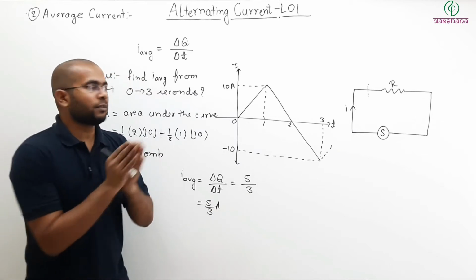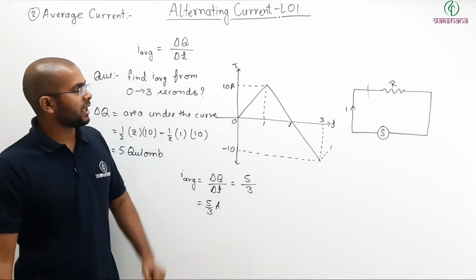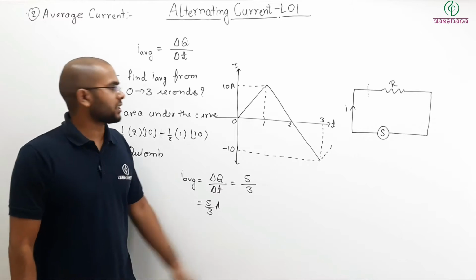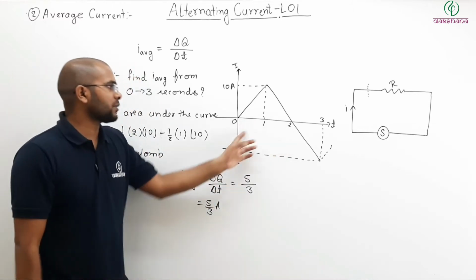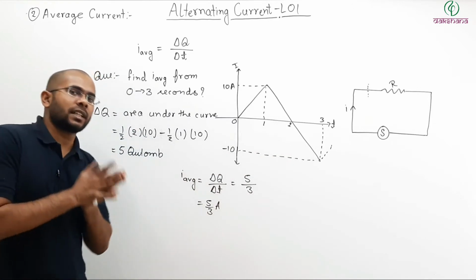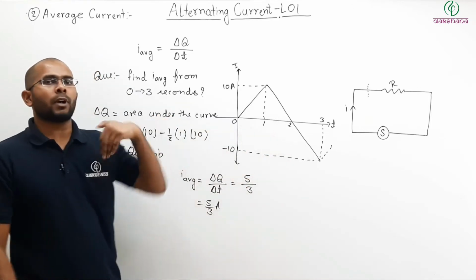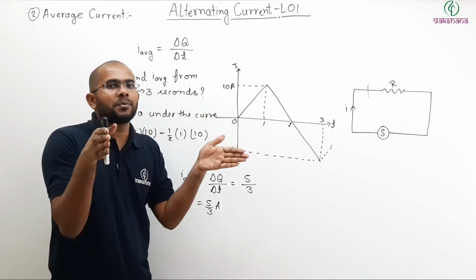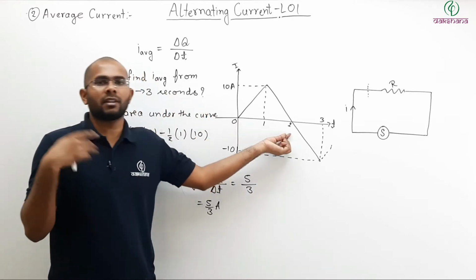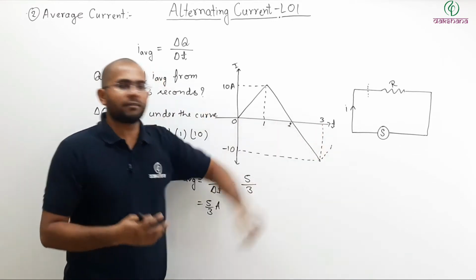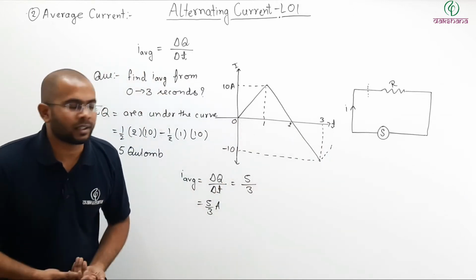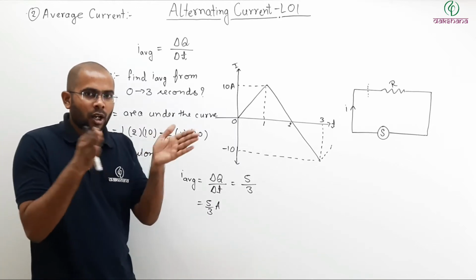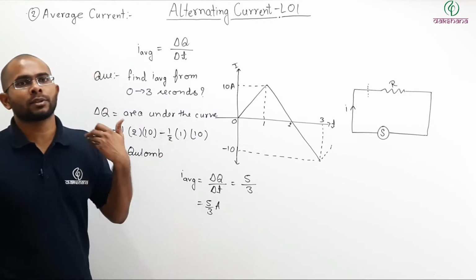Now remember, if you change the time period, for example, if I tell you to find the average current from 0 to 2 seconds, then that will be different from 0 to 3. In the case of alternating current like this, if you change the time period, from 0 to 2 the average will be different, from 0 to 3 the average will be different, from 0 to 1 the average will be different. So if I change the time slot, your average current will also change.